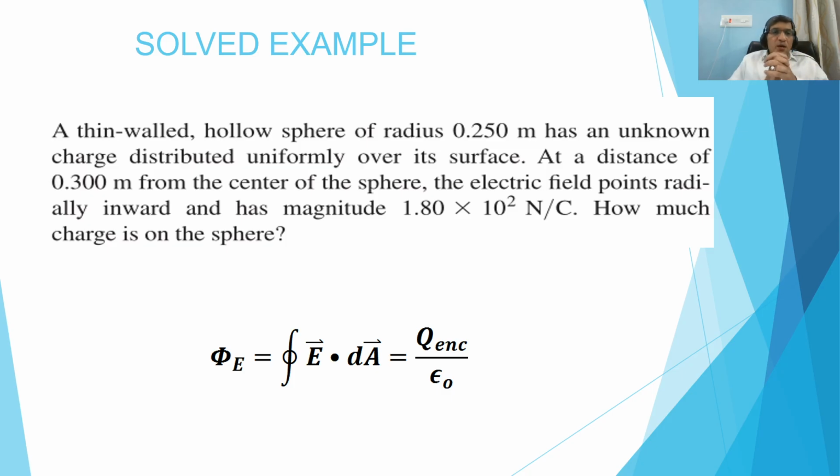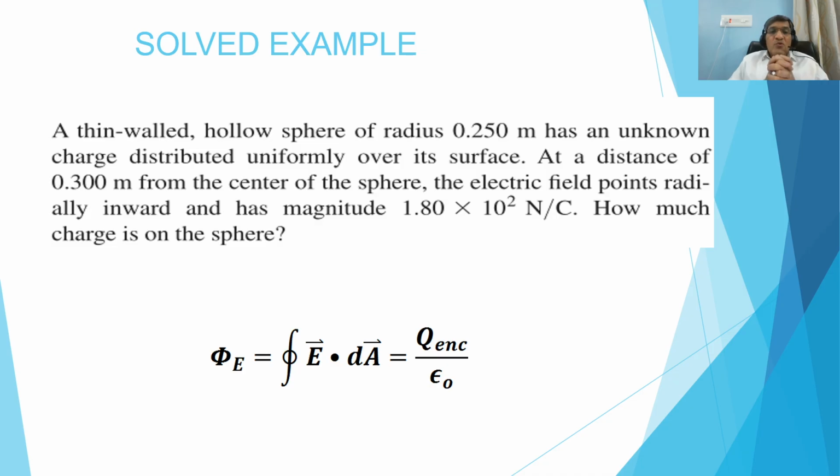This is again a question. First I read it very carefully. A thin-walled hollow sphere of radius 0.250 meter has an unknown charge distribution distributed uniformly over its surface. That is, it is a surface charge distribution. At a distance of 0.300 meter from the center of the sphere, the electric field points radially inward and has a magnitude of 1.80 times 10 to the power 2 newton per coulomb.